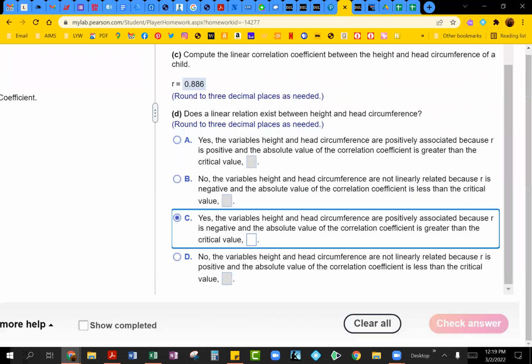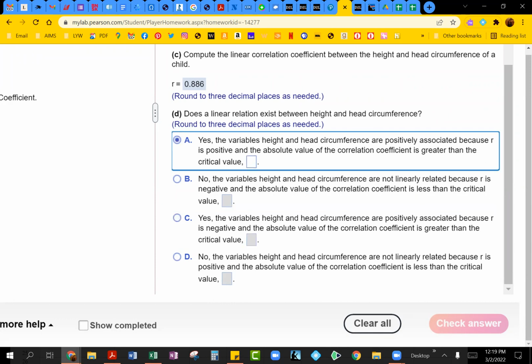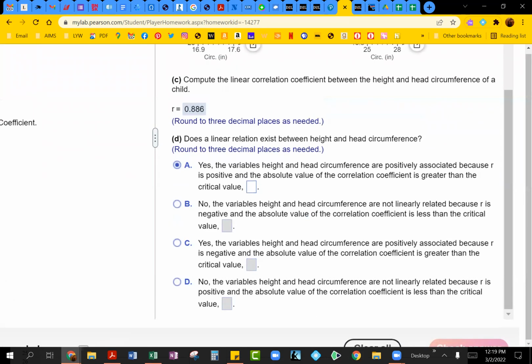The other one is saying yes, positively associated because R is negative and the absolute value of the correlation coefficient is greater than the critical. Obviously, our R value is not negative, so you are going with this one over here.